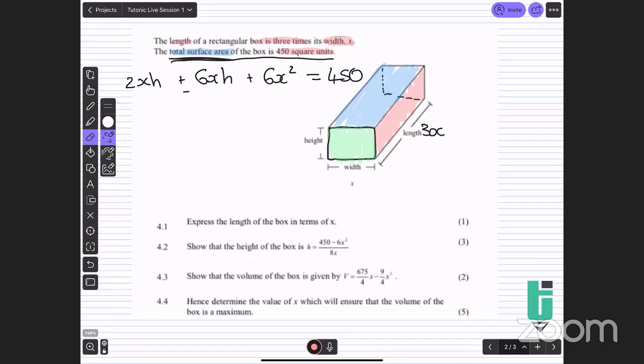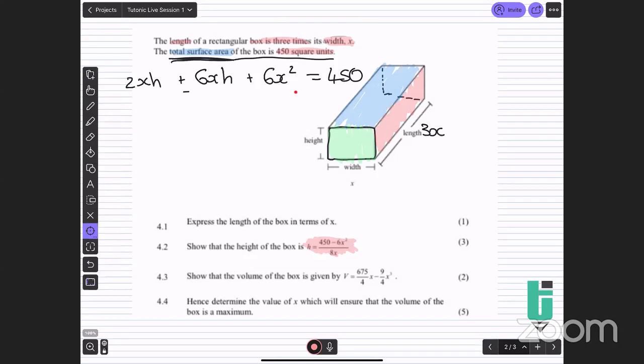Okay, so now number 42. Show that the height is that. So how can you show that the height is that? Make h the subject of the formula, of the equation that we found. So you see that before you even read the question, you already had an equation.